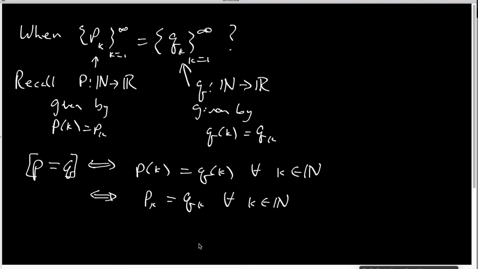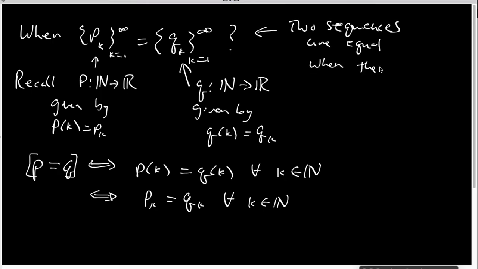So two sequences are equal when they are equal term by term.